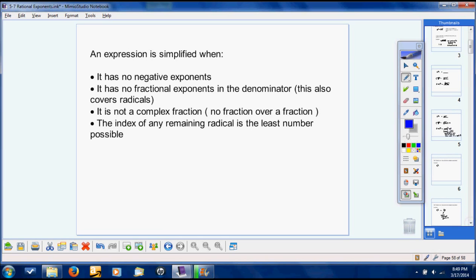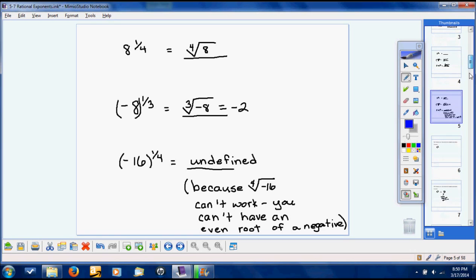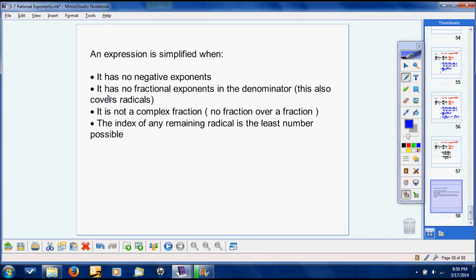First of all, it has no negative exponents. Well, in these I see no negative exponents. So that's the first thing that you look for. Okay, so check. It has no fractional exponents in the denominator. Now you're not going to write all this down right now, but I really want you to pay attention. So I'm checking for fractional exponents in the denominator.